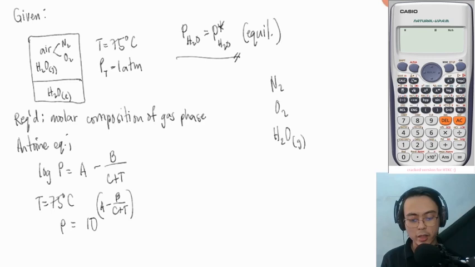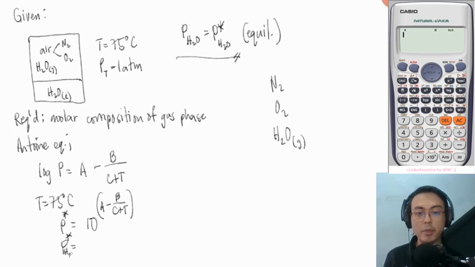And then we can get the vapor pressure. This is the vapor pressure of water in millimeters of mercury.